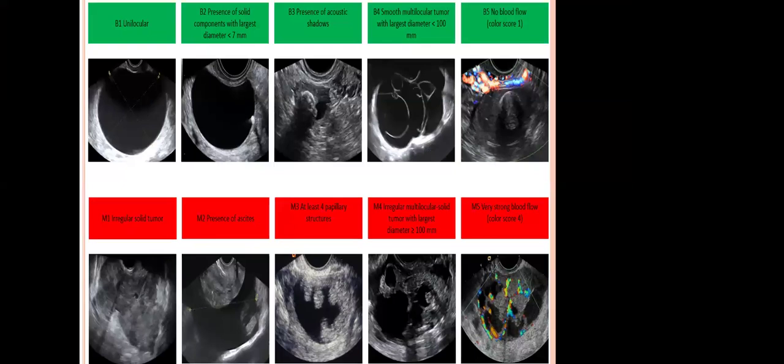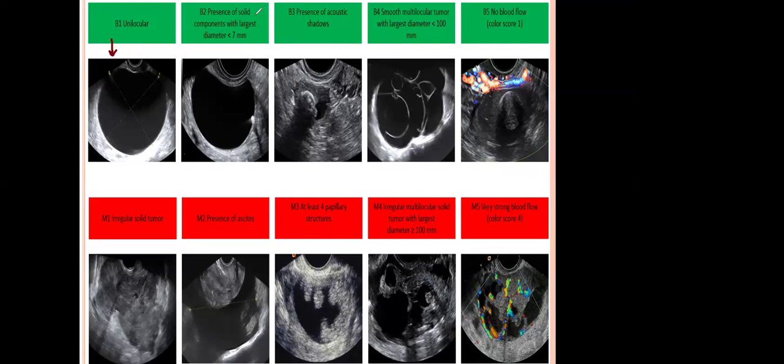Okay, just to remember, this picture is summarizing the IOTA classification. The B criteria, the benign criteria: it should be a unilocular lesion.